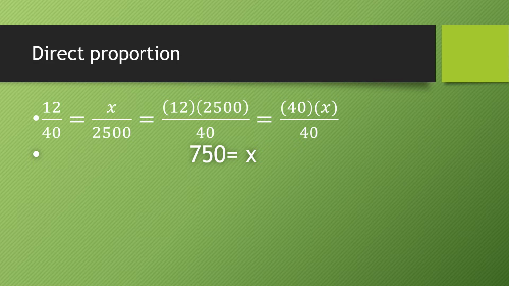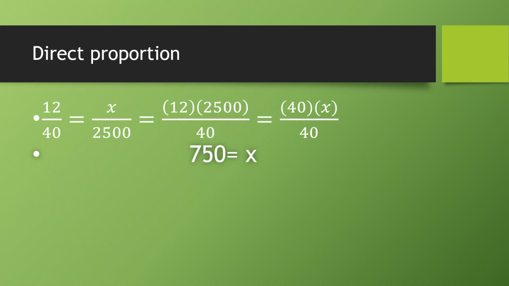Now, both sides, dapat siyang i-divide ng 40 para ma-cancel out natin at matira na lang si x. The product of 12 by 2,500 divided by 40, the answer is 750.